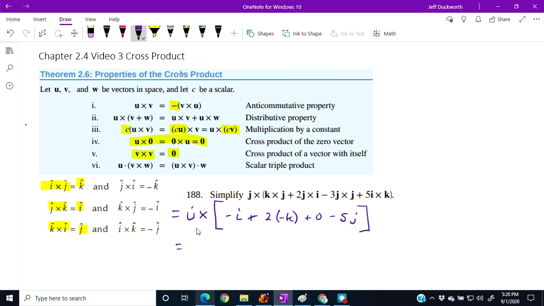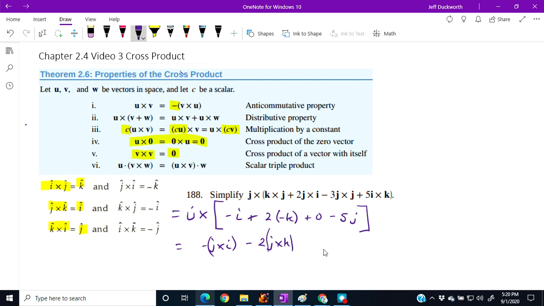So now we can do the distributive property with our vector j. So this is going to be negative j cross i. You can actually put the negative in the j, it doesn't matter. Negative 2 little j cross k. Again, the 2 can go wherever.